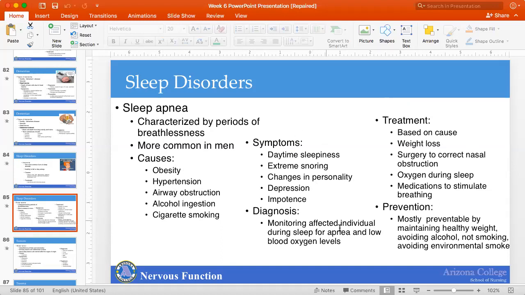Diagnosis would be monitoring the affected individual during sleep for apnea and low blood oxygen levels. So they have sleep apnea tests that people can do where they test for this while they're sleeping, and then treatment would depend on the cause of it. Mostly preventable by maintaining healthy weight, avoiding alcohol, not smoking, and avoiding environmental smoke.